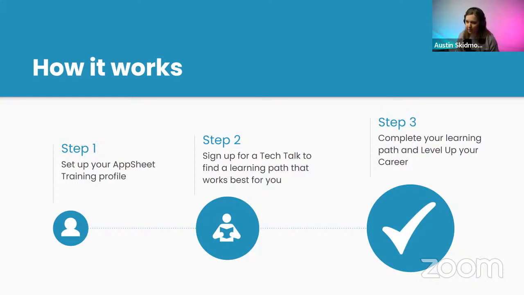So the next part is to sign up for a tech talk. In that tech talk, you actually get to walk through what you're trying to do with AppSheet with Austin, and Austin can help recommend the learning path to take, but also if AppSheet is the right tool for you. And then lastly, our hope is that you participate in AppSheet training and level up that career of yours.